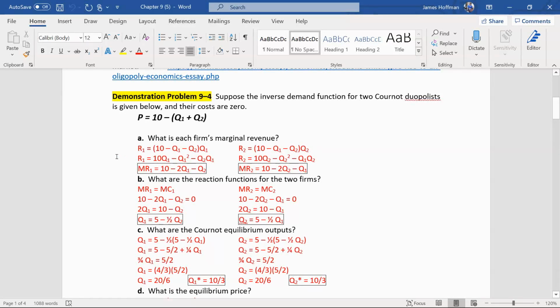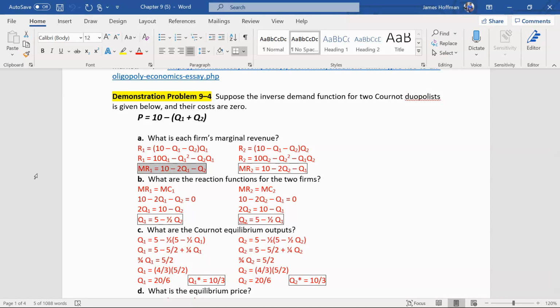It's the exact same thing you did on the homework, except we have two firms. So dR1/dQ1 is MR1, which is equal to 10 minus 2Q1 minus Q2. The only thing you're differentiating here is Q1; Q2 is constant as far as firm 1 is concerned. Alright, that's the marginal revenue function of firm 1.